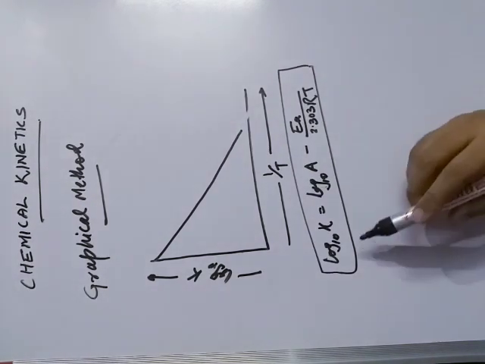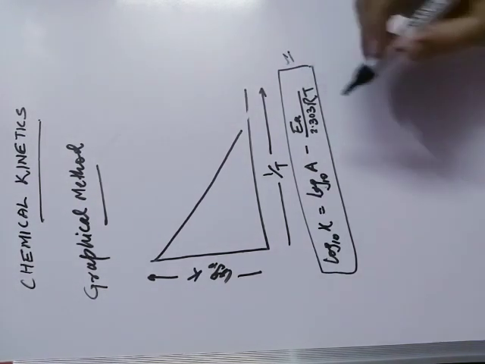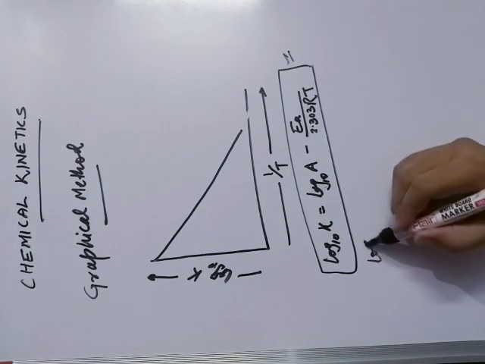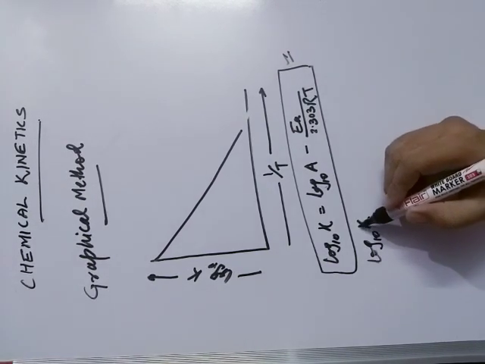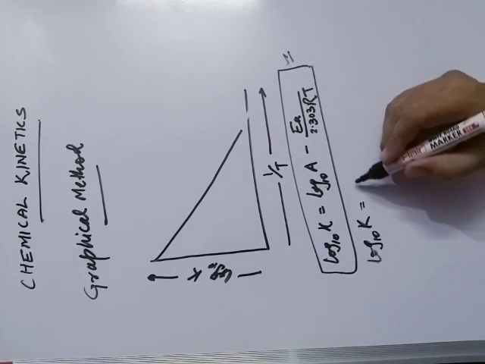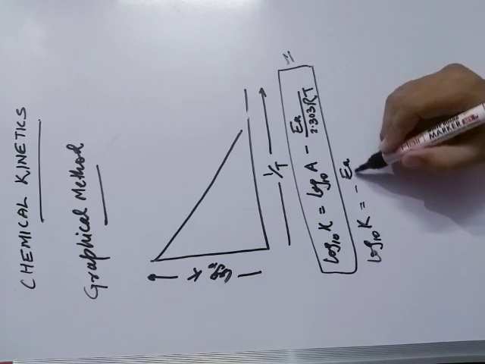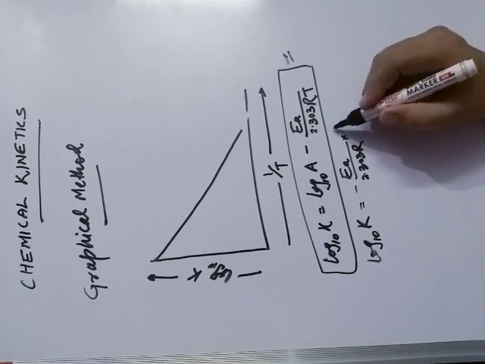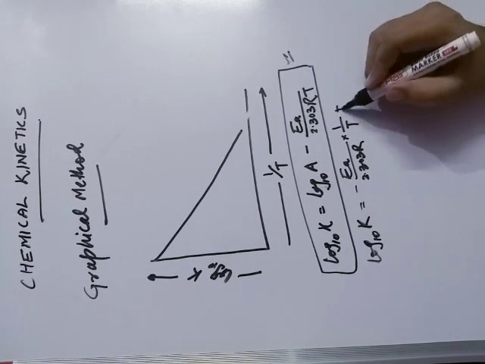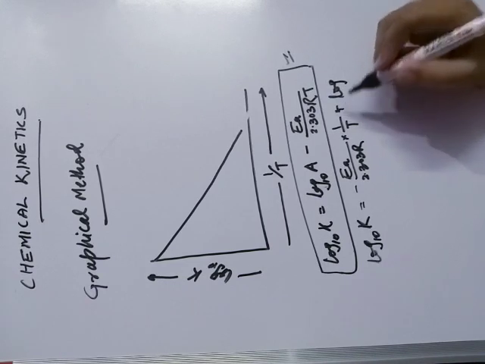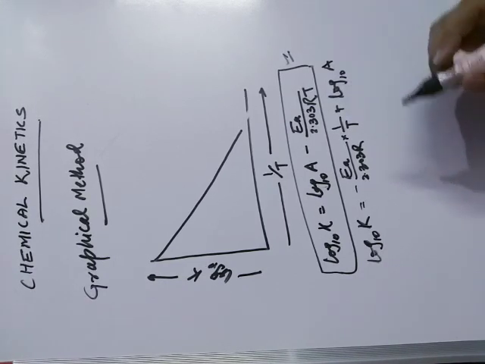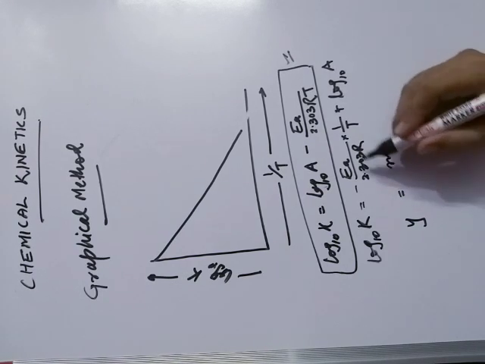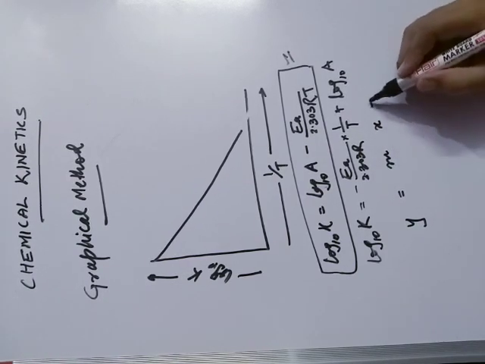In the last slide we calculated this equation from the Arrhenius equation after taking log. Then we can write it in this manner also: log base 10 K is equal to minus EA upon 2.303 R into 1 by T plus log base 10 A. Then it is equal to y equals m x plus c.